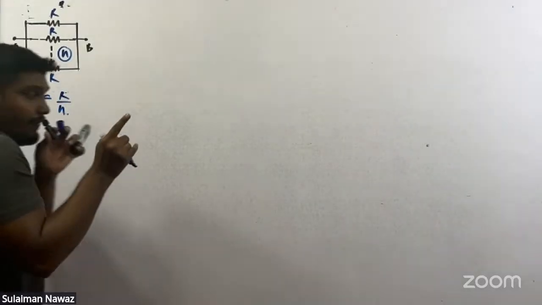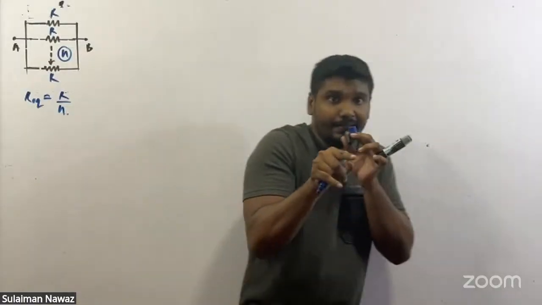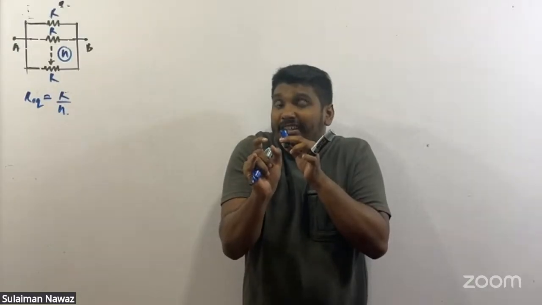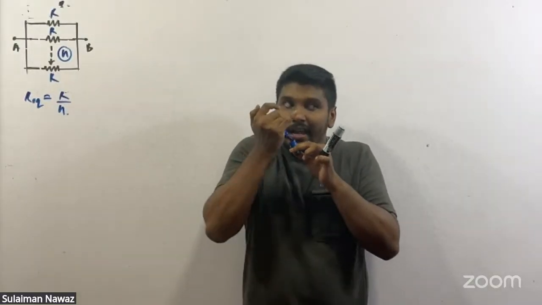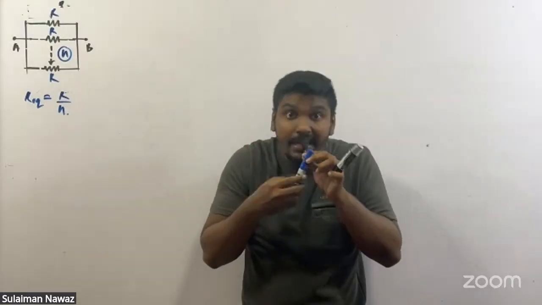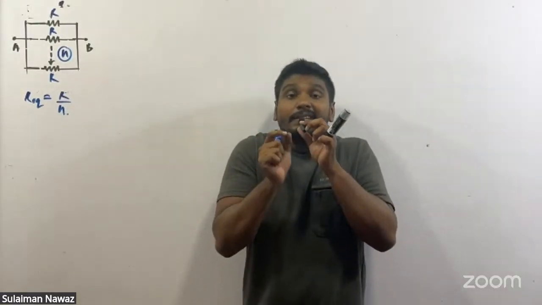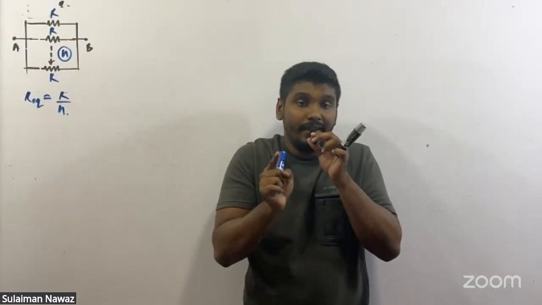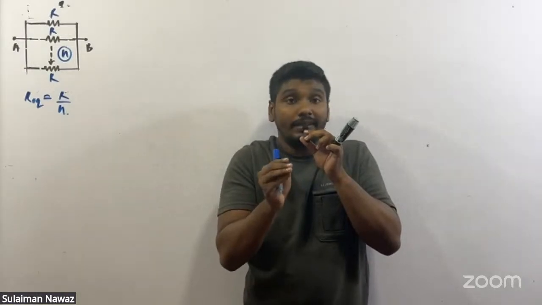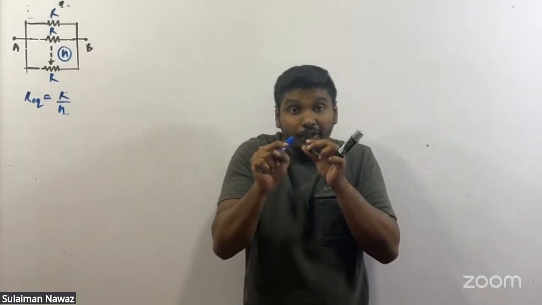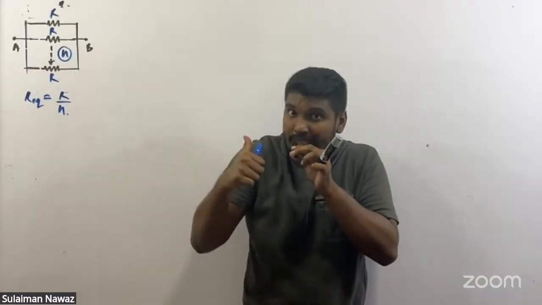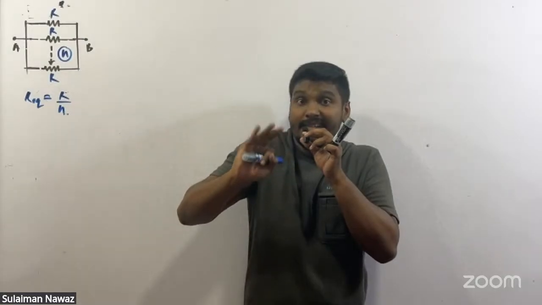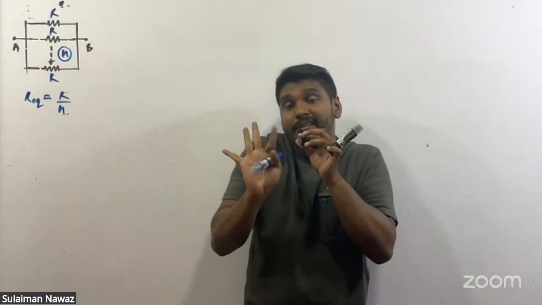Can you remember when resistors are in series? If there are N resistors in series having equal resistance capital R, in order to find the equivalent resistance, what have we done? We multiplied the number of resistors by the resistance of one resistor. So we got R equivalent equals capital R into N. But in this case, it's the same story, except the resistors are in parallel, having the same resistance capital R. There are N resistors in parallel.